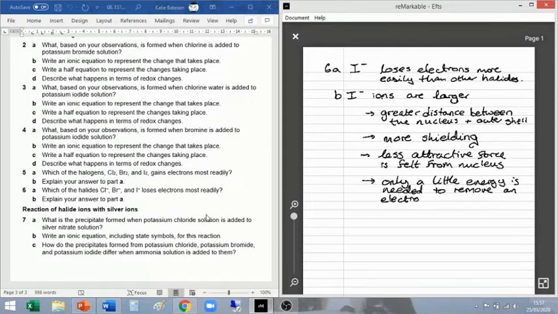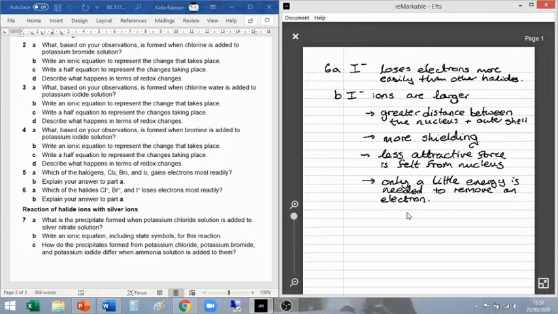And this should sound pretty familiar to you because the justification for this is, yes, the same as in question 5, but also when we were talking about the reactivity of the alkali metals, alkali metal atoms, they have this kind of issue as well, that the further away an electron is from the nucleus, the easier it is for that electron to escape. Okay, so that is question 6.